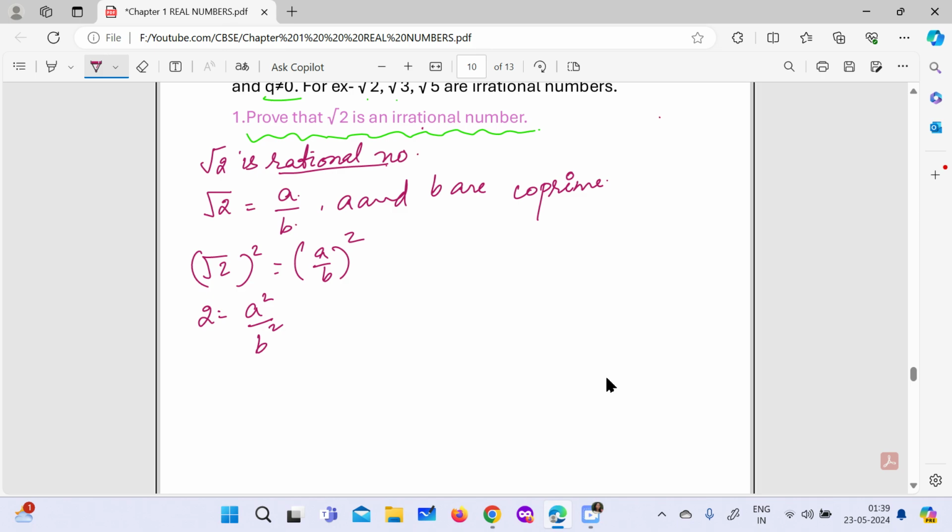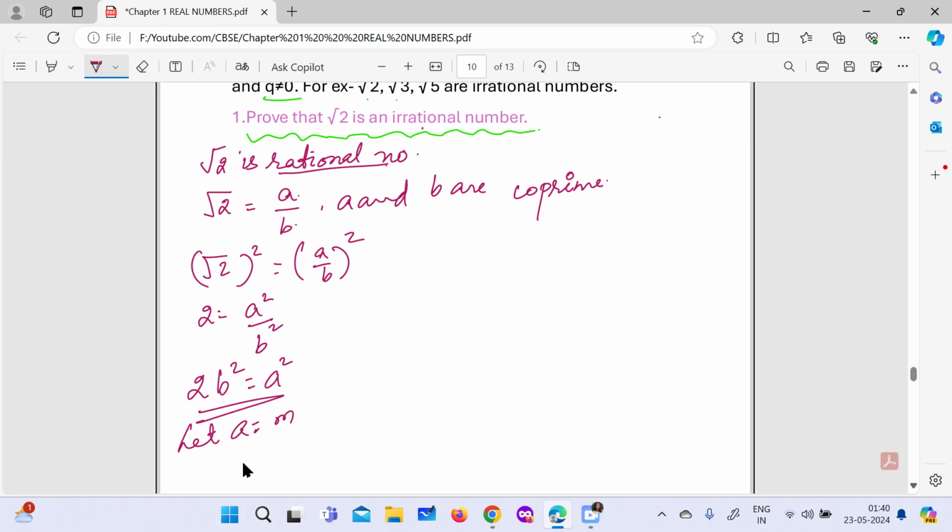Okay. Now you can say that we just cross multiply and we get the value of a square. And now we will assume that let a is equal to m.